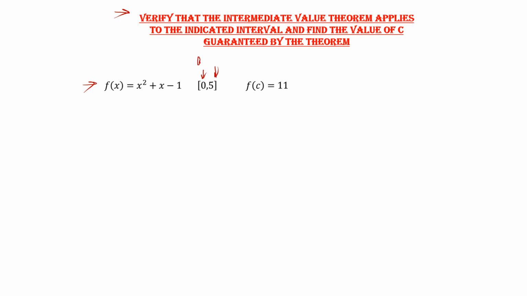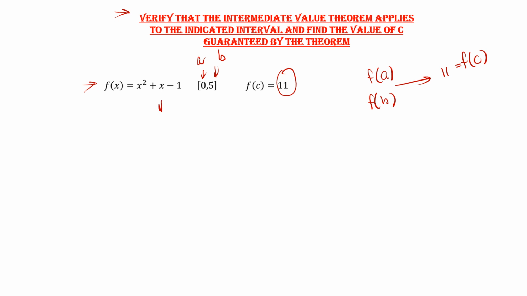So let's suppose 0 is the a value and 5 is the b value. There will be a value between f of a and f of b, and that value is 11. That means f of c equals 11.